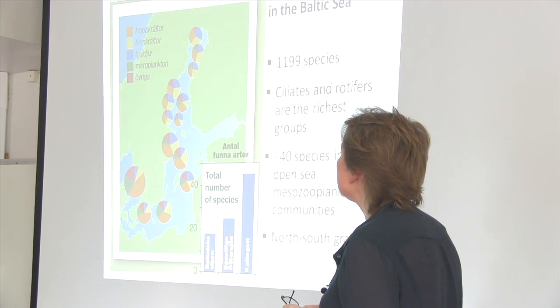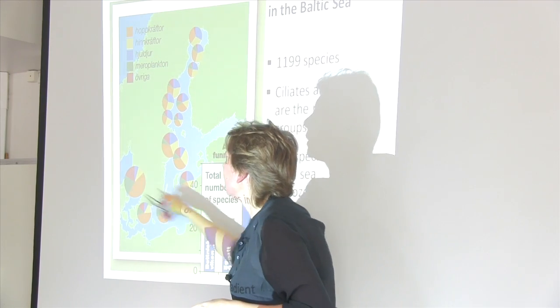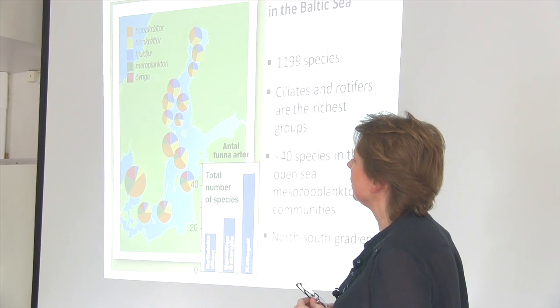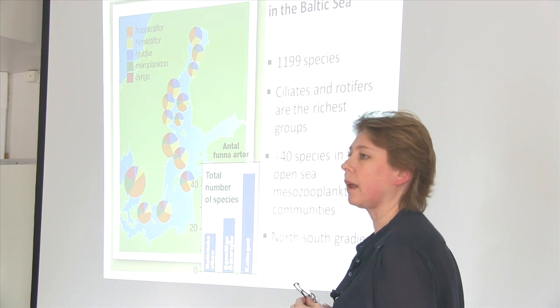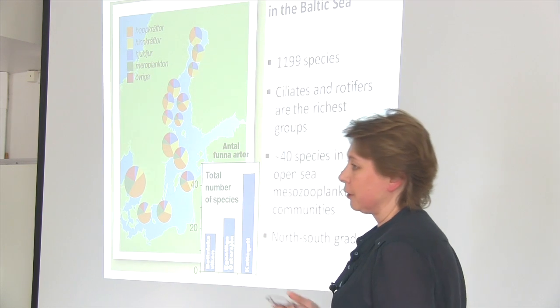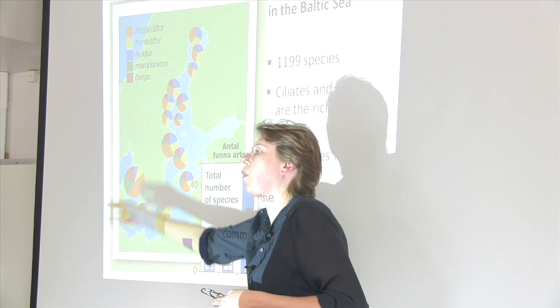Another thing that you see here is an increase of the red segment in the southward direction. And red is mostly meroplankton here. Meroplankton, larvae of benthic animals. Benthic animals have complex life cycles.